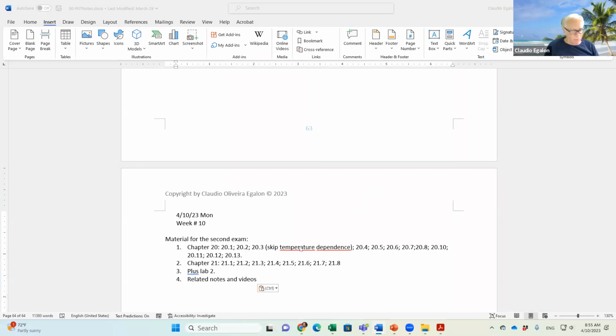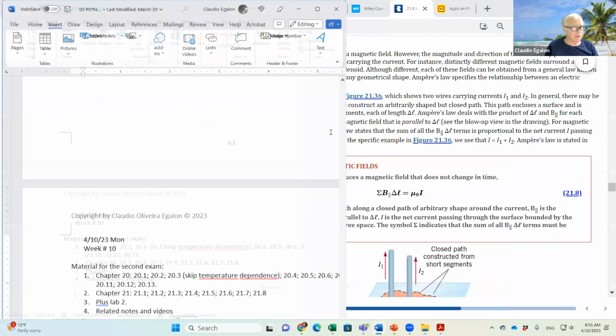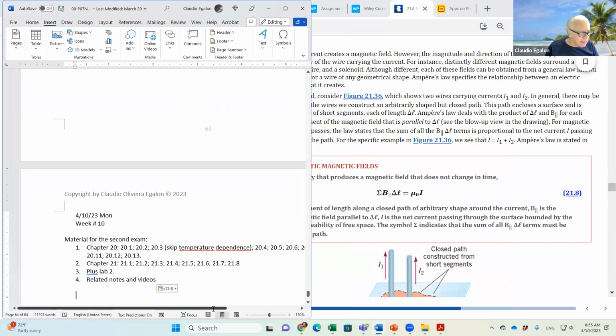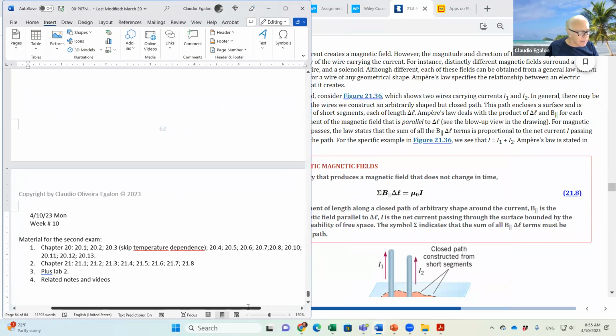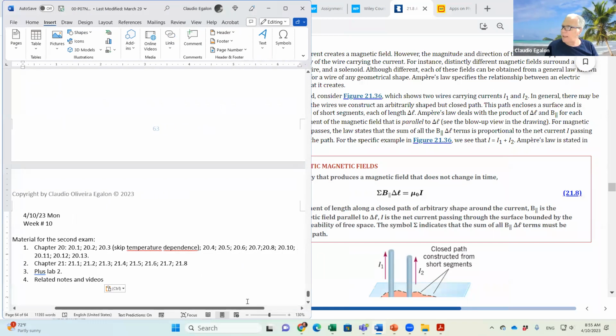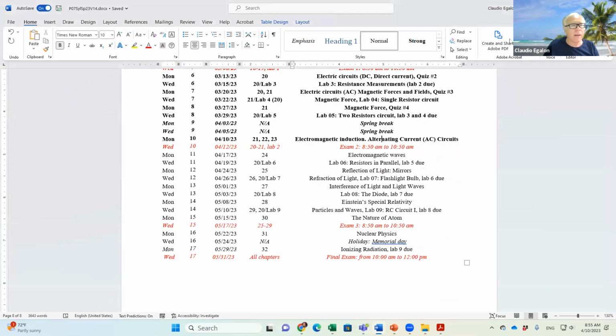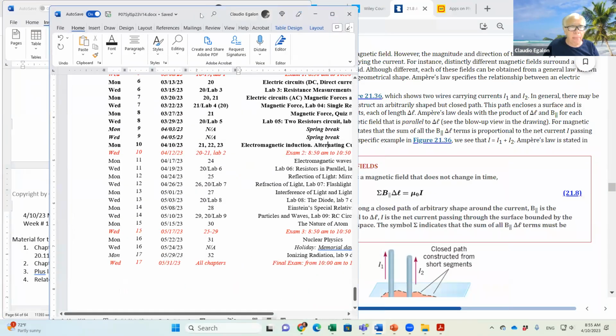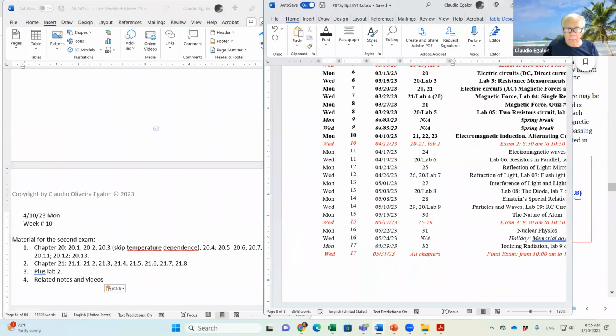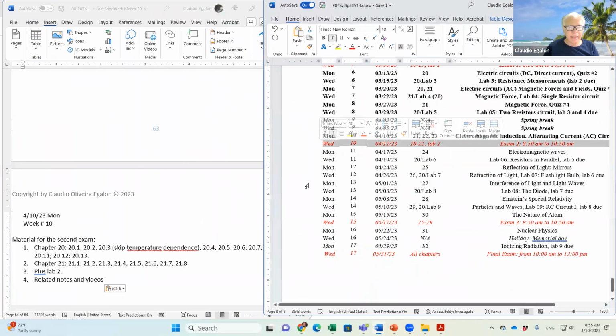Okay, so far the exam is going to be on this Wednesday. Are you ready for Wednesday? Think about that if you're ready for Wednesday. Let's take a look here at the schedule again. Should be the day after tomorrow.